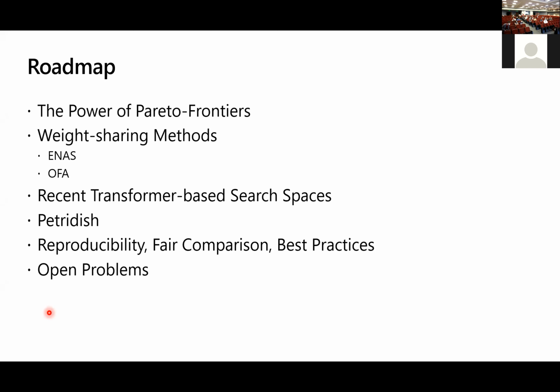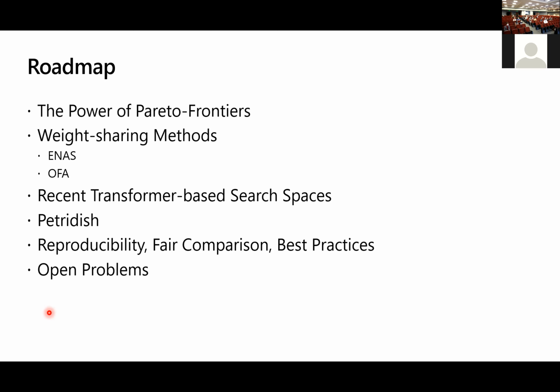So this is our current roadmap. I'm going to spend some time talking about Pareto frontiers and the power of Pareto frontiers, and why I consider that important, and also a little bit of an open area of NAS research. It's not as heavily published in and studied as other areas, and you will see why that is also important in real life.